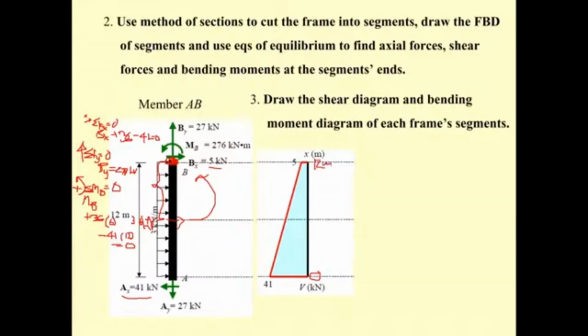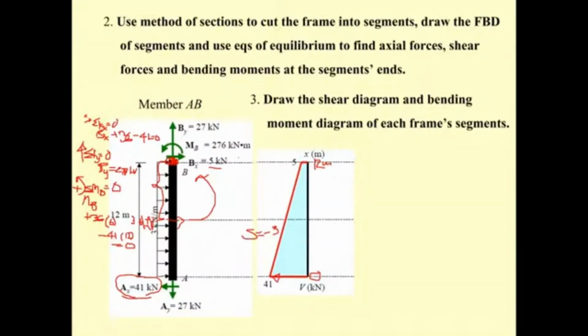It's going to start with A sub x moved to the left, and then after that you get this is 3. So the slope, dV by dx, is going to be equal to minus 3, and that's why the graph is going downward here.